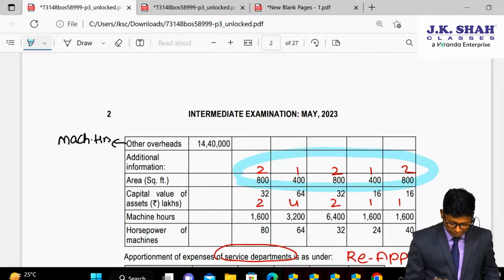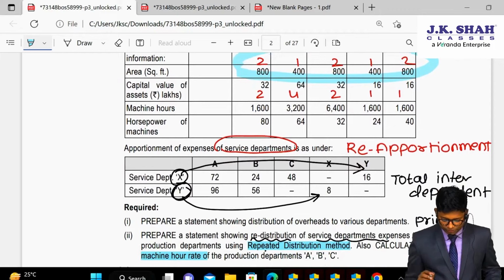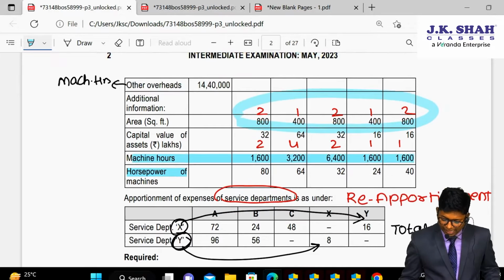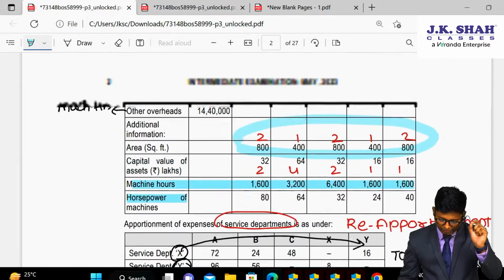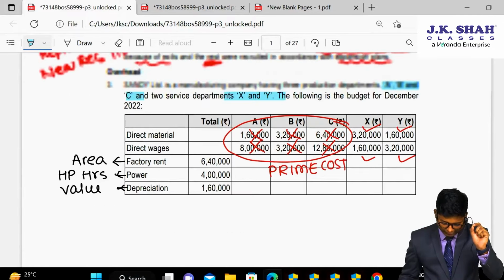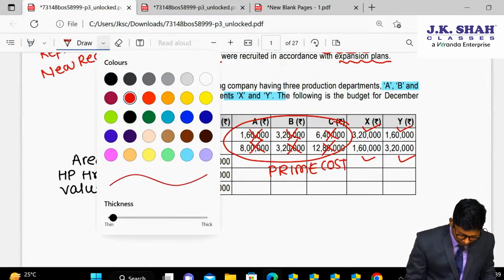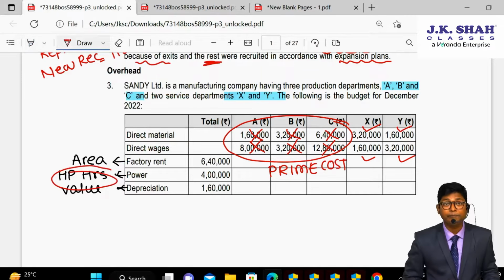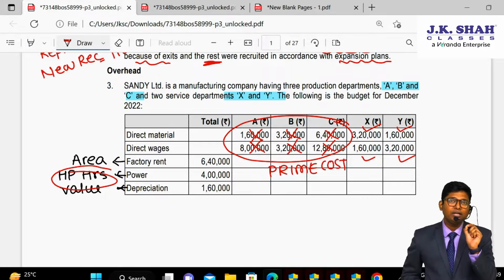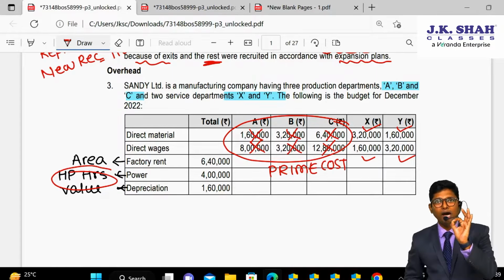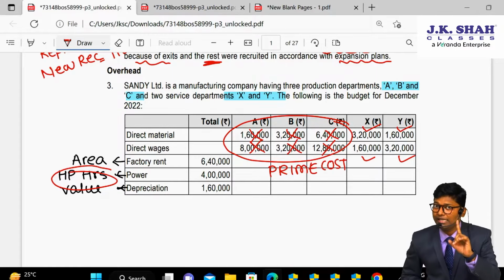After, power is bifurcated on the basis of HP Rs. Sir, HP Rs, if you see the question, they have given you only horsepower and machine hours separately. Again, please focus on this point while calculating and while discussing the basis of apportionment. See what I have written over here. HP Rs, you should consider HP into Rs as a basis, not only HP.